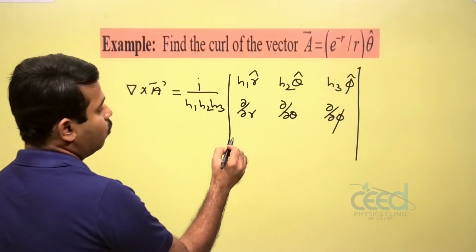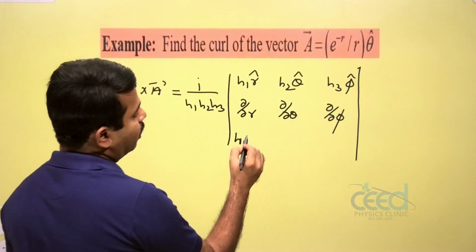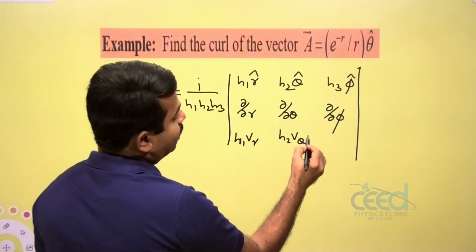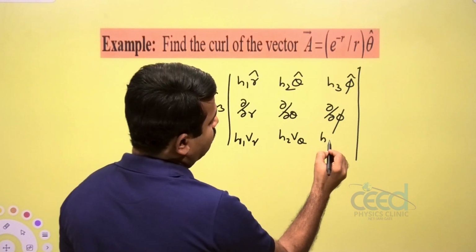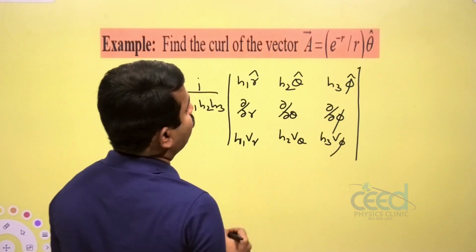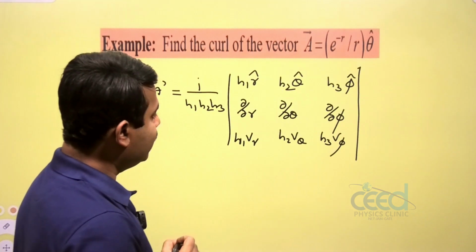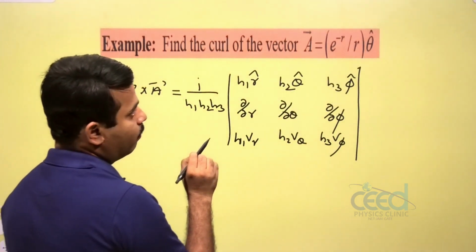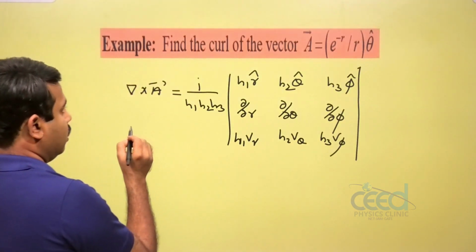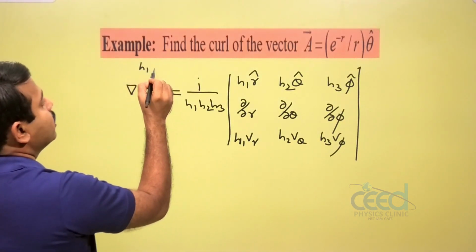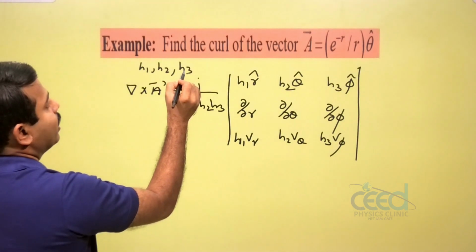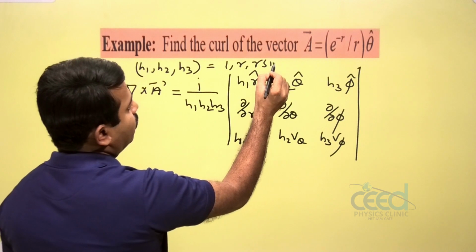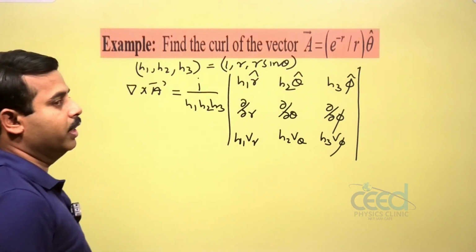Then h1 V_r, h2 V_theta and h3 V_phi. In spherical polar coordinate system, h1 h2 h3 are 1, r, r sin theta, as we have already seen.